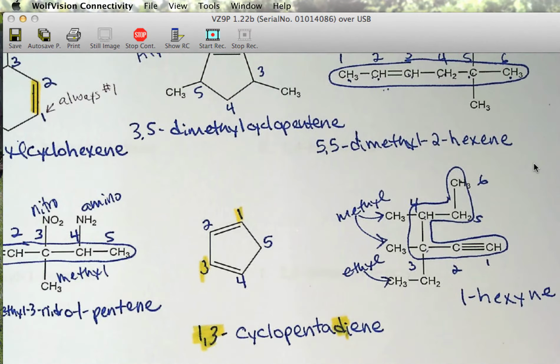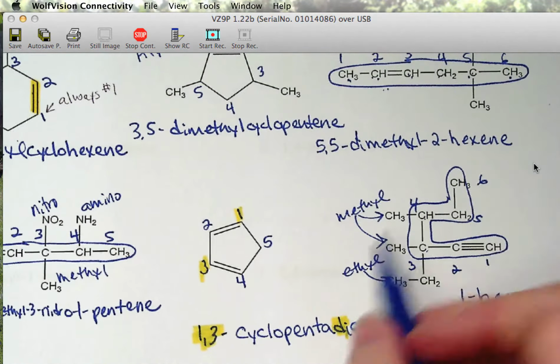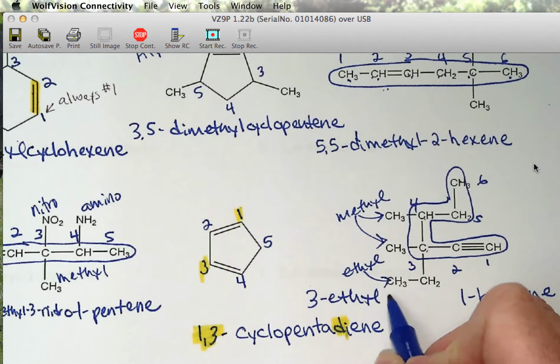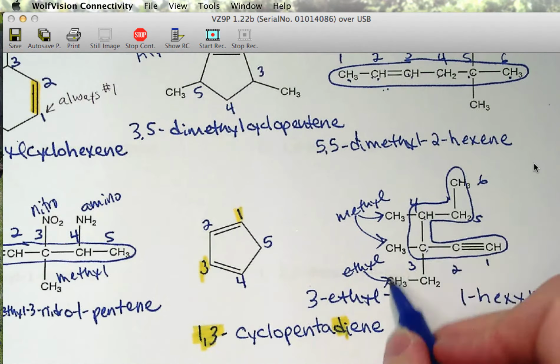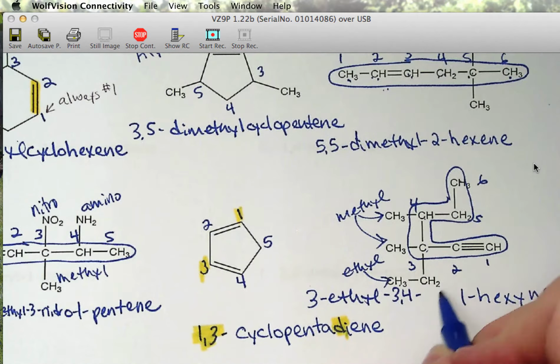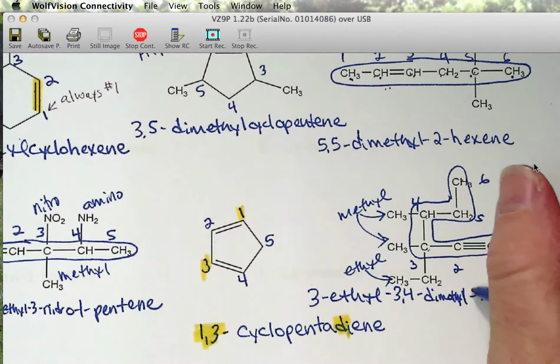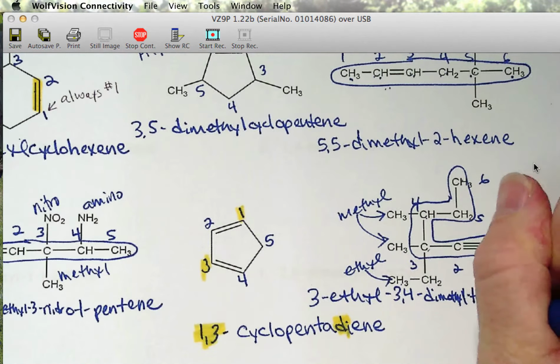Which goes first? Ethyl. So 3-ethyl, 3,4-dimethyl. Sorry, that's squished together. So 3-ethyl-3,4-dimethyl-1-hexyne.